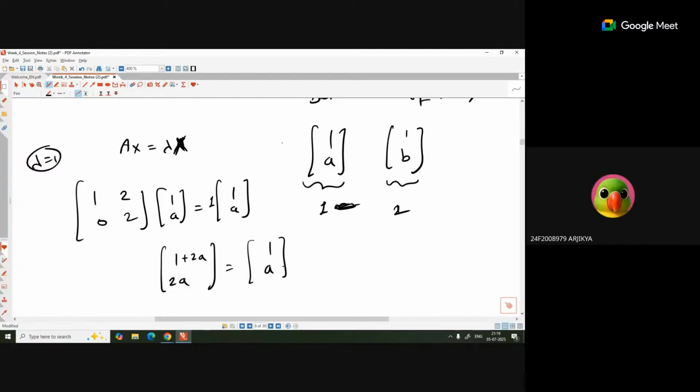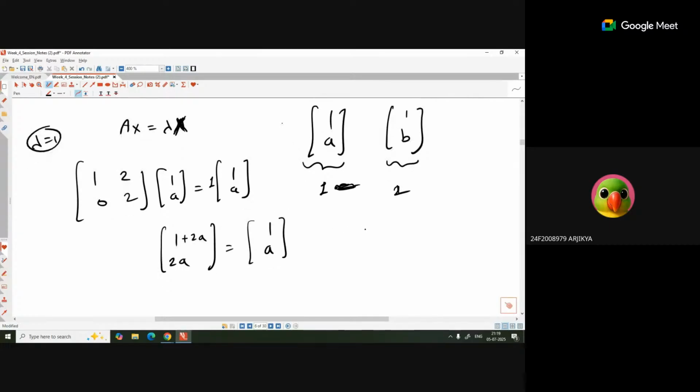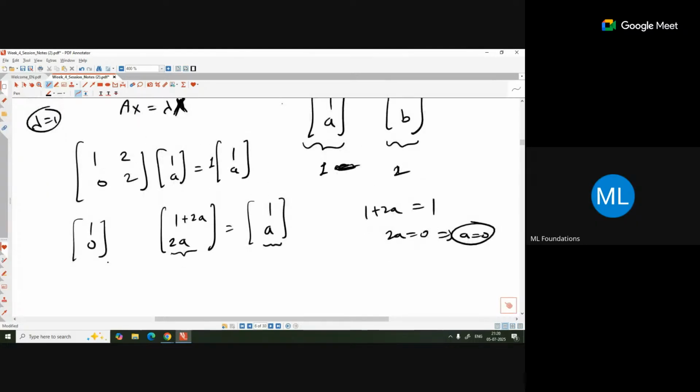First, 1 plus 2a equals 1, and 2a equals a, which is only possible when a equals 0. That is consistent with the second equation also. So a equals 0, and the first eigenvector is (1, 0). I have found that a equals 0.